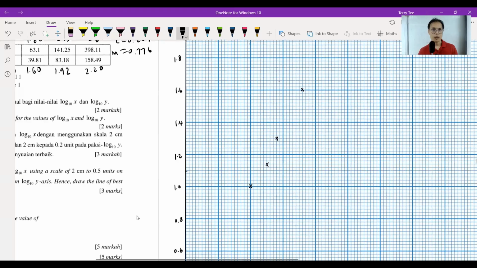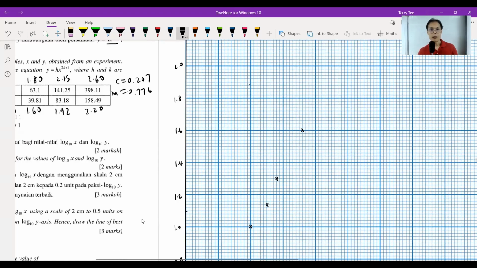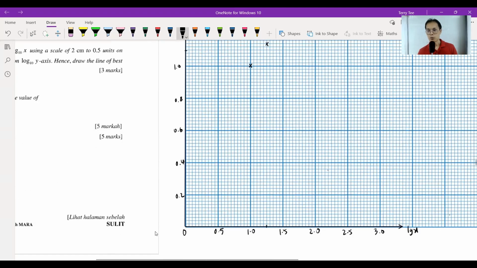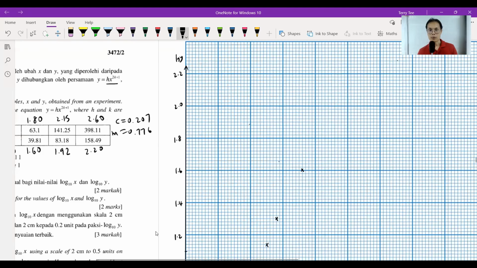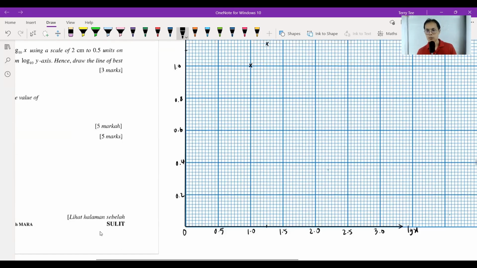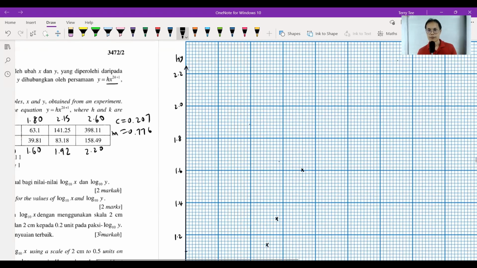Next, we have 2.15 and 1.92. 2.15 is 3 boxes. 1.9 is here. Wait, let me see again. 2.15, 1.92.